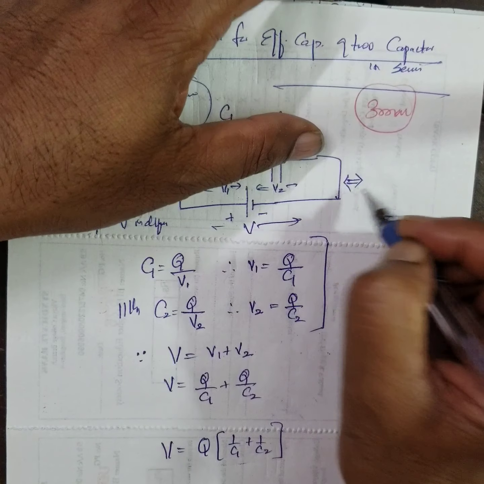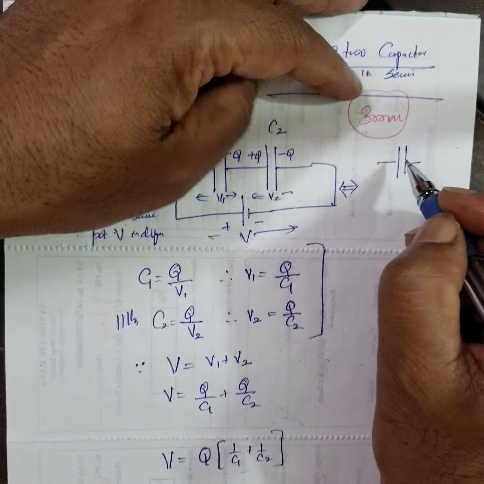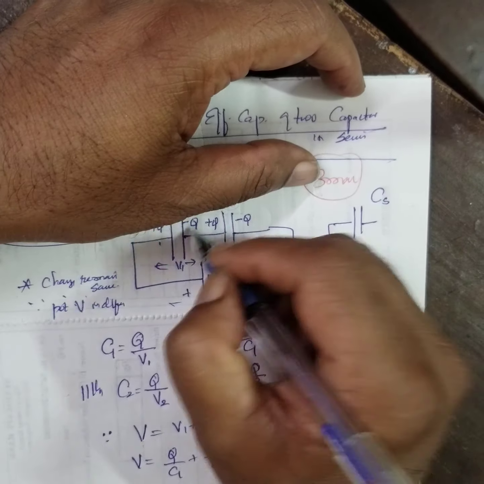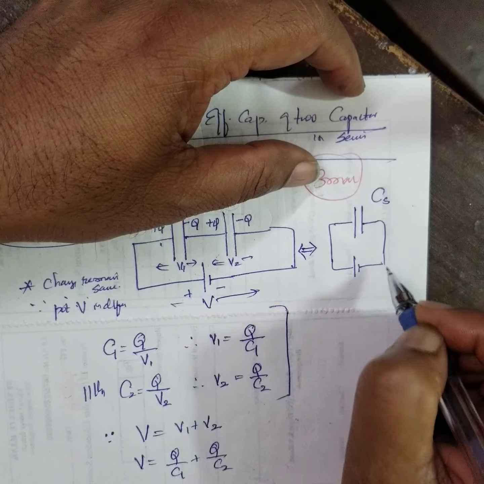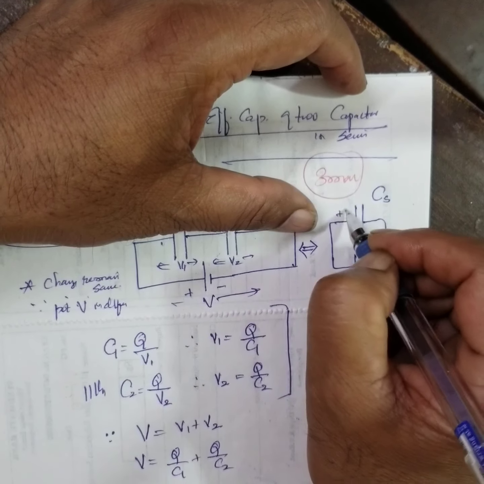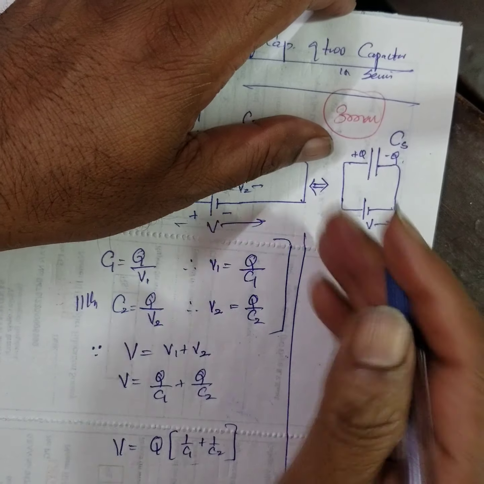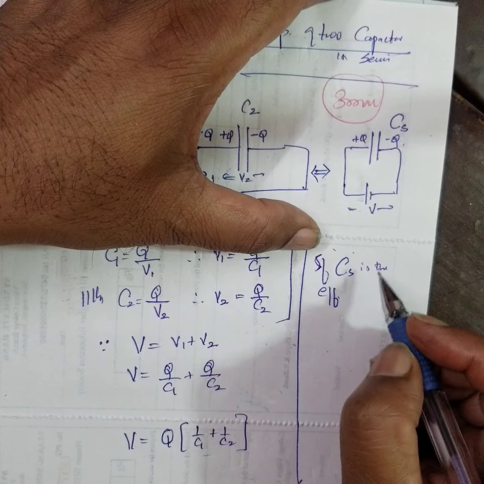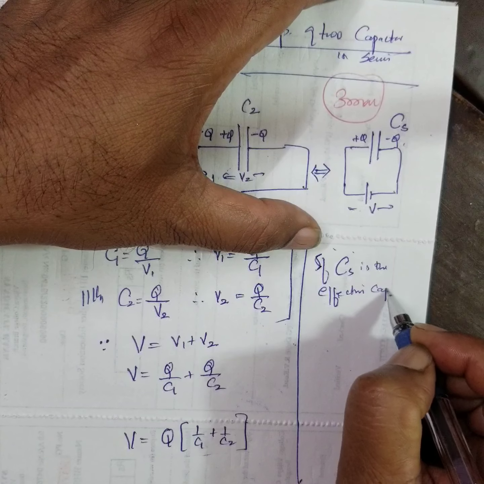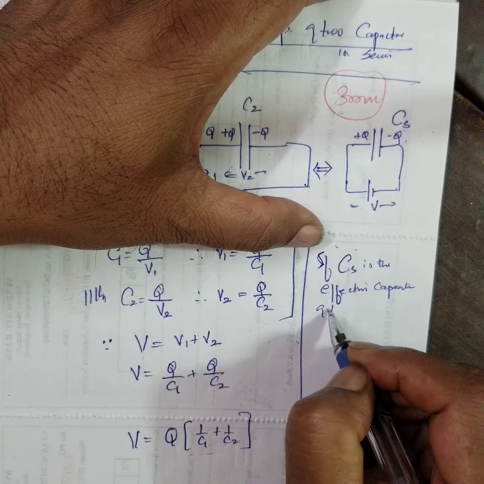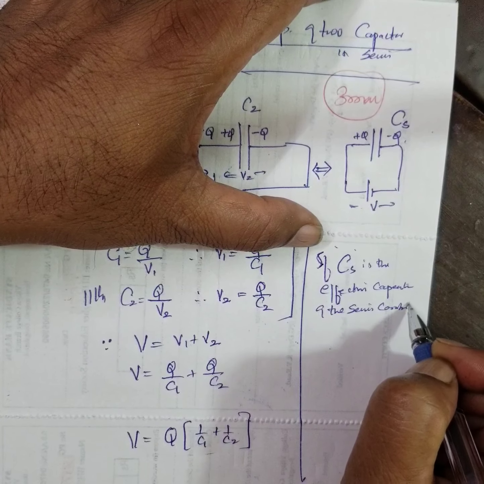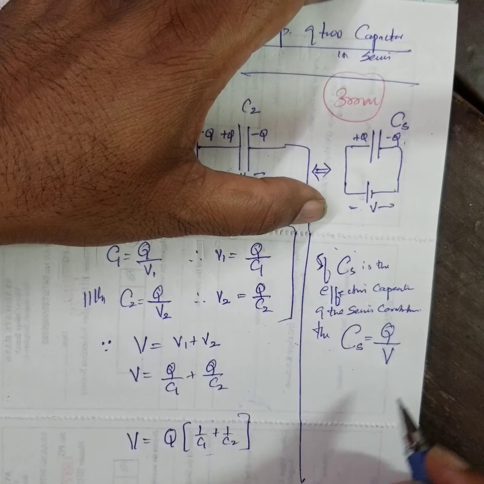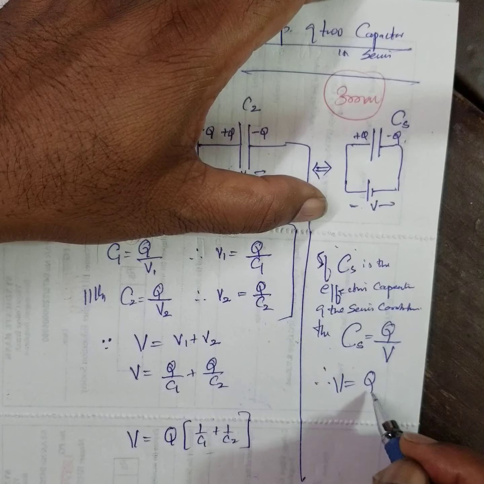Now, you write like this in the examination: if CS is the effective capacitance in series, and V is the voltage, plus Q and minus Q. If CS is the effective capacitance of the series combination, then CS is equal to Q by V. Therefore, V is equal to Q by CS.